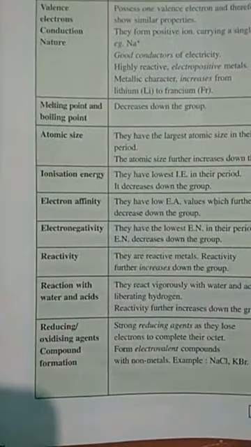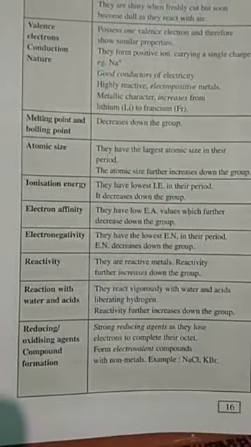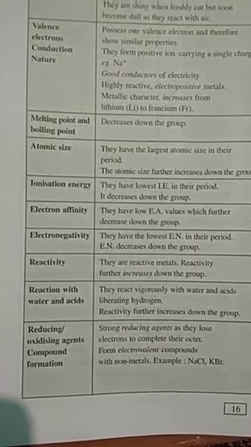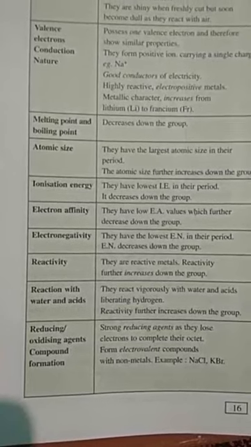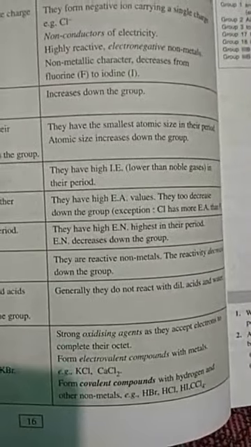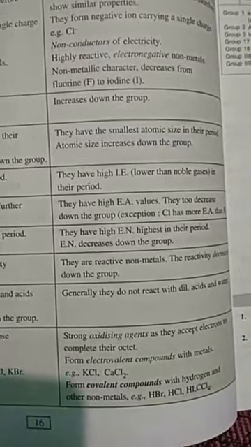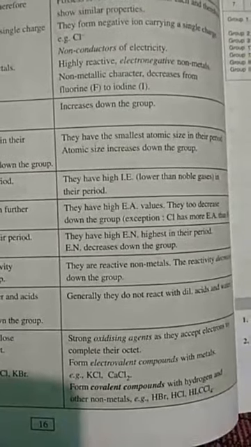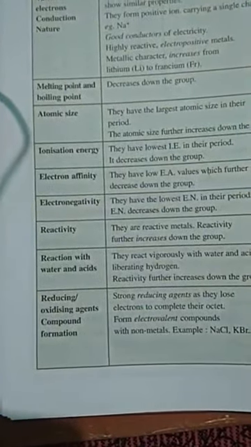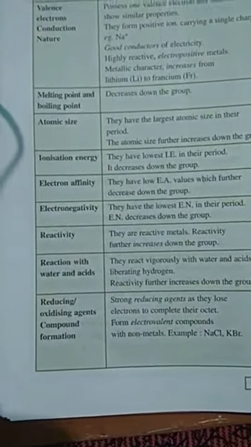Reaction with water or acid. So they react very fast with water, producing hydrogen gas. And halogens, normally they do not react with any acid or water. Reducing agents or oxidizing agents.